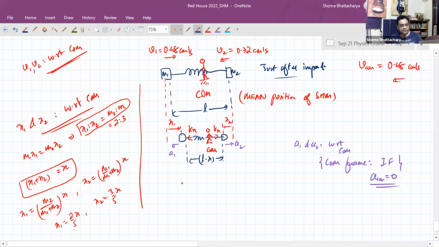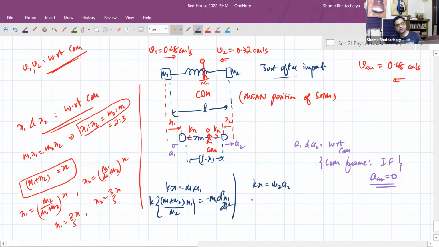So this one's FBD is showing me that Kx is equal to M1A1. This one's FBD is telling me Kx is equal to M2A2. So I can replace X with M1 plus M2 upon M2 times X1 and write this like this. And here also I can reduce this by writing X as M1 plus M2 upon M1 times X2.